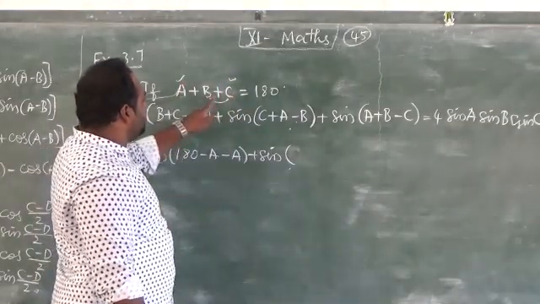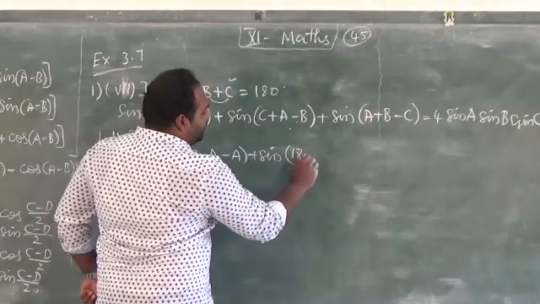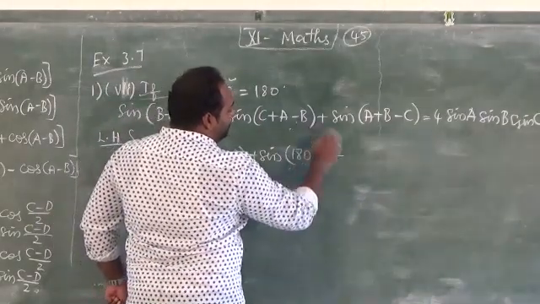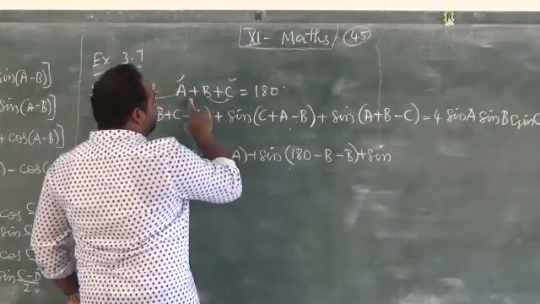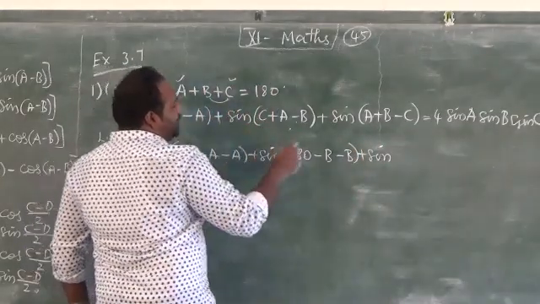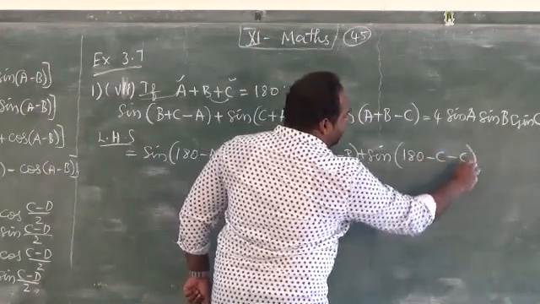Instead of c plus a we can write 180 minus b, already we have another minus here, plus sine of a plus b, very familiar, 180 minus c, already we have minus c.